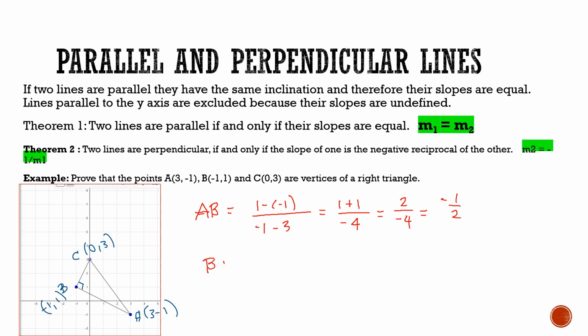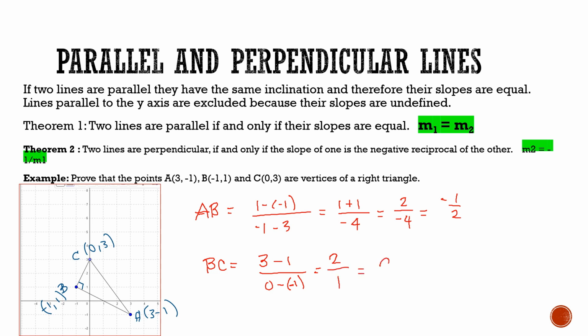We go now to BC. So we get the slope of BC, and we say that will be 3 minus 1 all over 0 minus negative 1. Therefore, we have here positive 2 divided by positive 1.